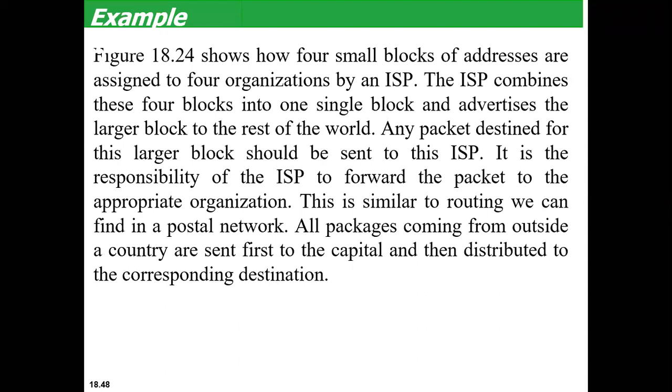ICANN, the Internet Corporation for network address allocation, assigns a large block of addresses to an ISP, the Internet Service Provider. Now what does the ISP do? In turn, it divides this assigned block into smaller sub-blocks and allocates the smaller sub-blocks to the various users, or customers. This is how address allocation and address aggregation work.